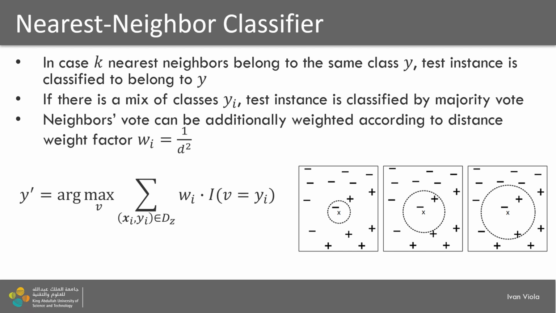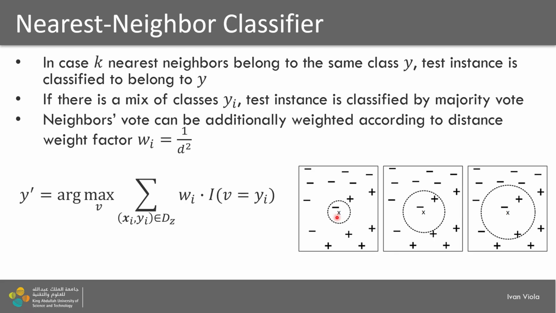In case all of our k nearest neighbors belong to the same class Y, the test instance is classified to belong to the class Y. For example, we can see that here, where we have again some negative and some positive records, and now we have our unknown record here, and it has just one nearest neighbor, and this one nearest neighbor is negative, therefore it will be classified as negative.